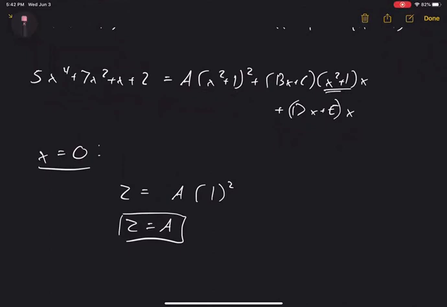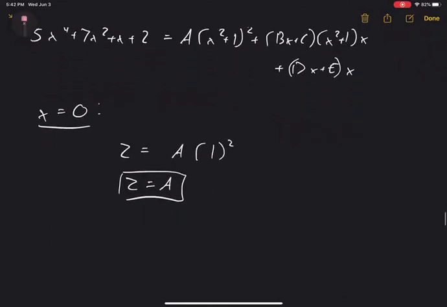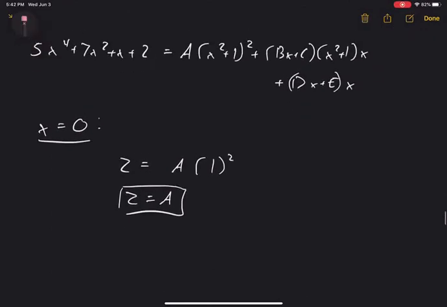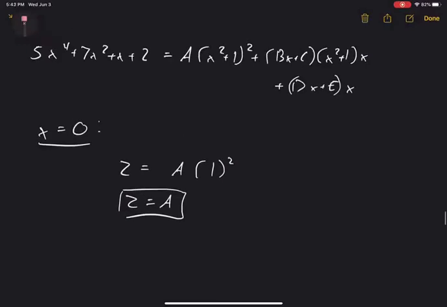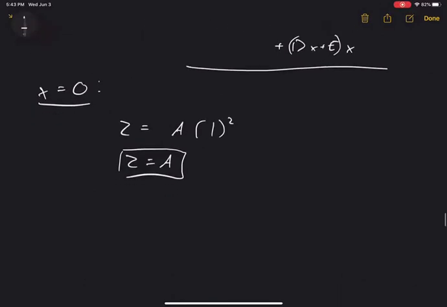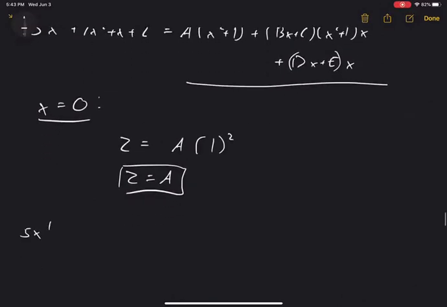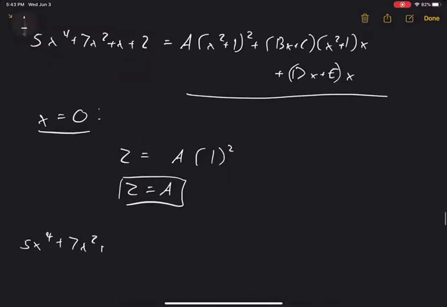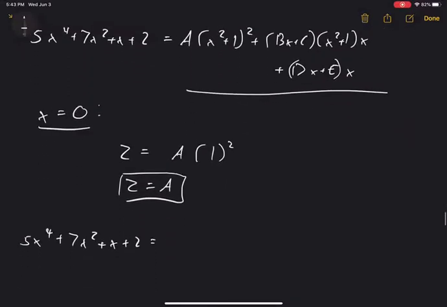So this is kind of an indication maybe I need to switch to a system of equations now. Unfortunately, what I've got to do is just multiply this right side out completely. So on the left side, I still have my 5x to the 4th plus 7x squared plus x plus 2.